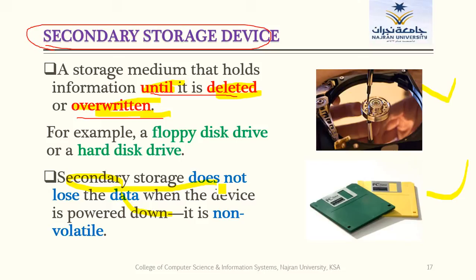In main memory, whenever you switch off your machine, the data will be deleted because that data is temporarily held. So in operating system concepts we say this is non-volatile: the thing that you store will not be lost until you delete that file or overwrite it. In the figure you can see the floppy drive, which is very old technology.